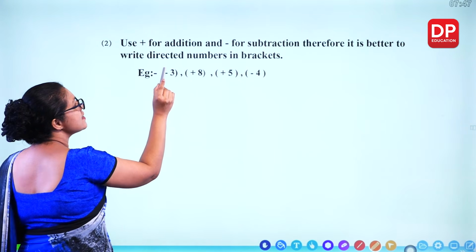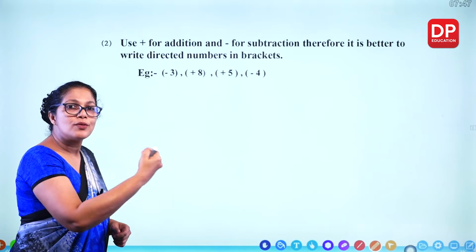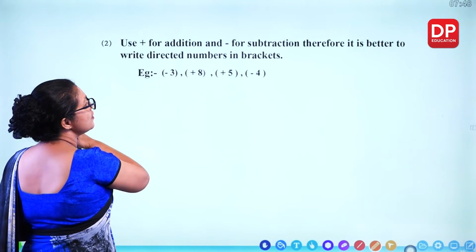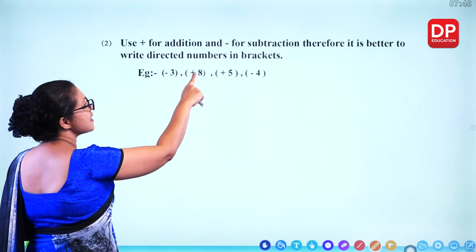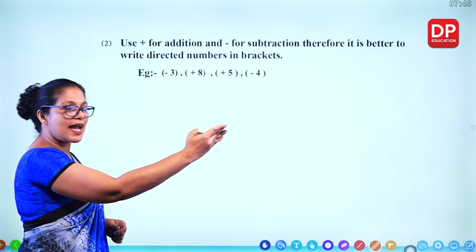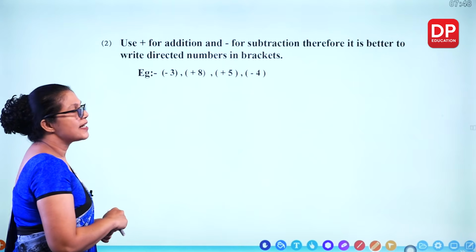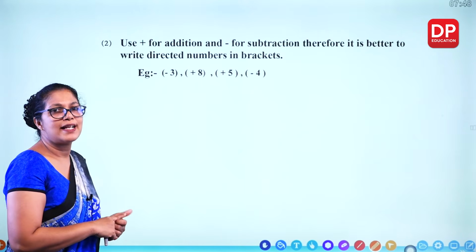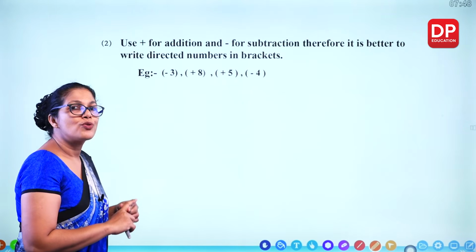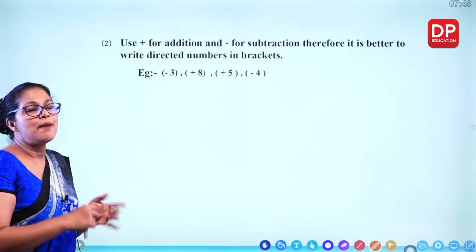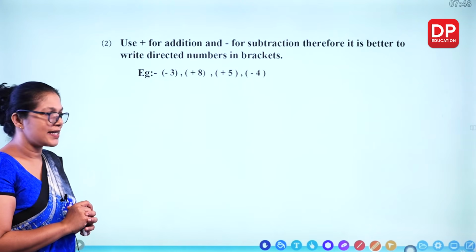So here minus 3 means to the left side of 0, 3 units to the left. Plus 8 means towards the right hand side. Plus 5 towards the right hand side. Minus 4 towards the left hand side. So when you want to show directed numbers, the sign is important and make sure that you put brackets.